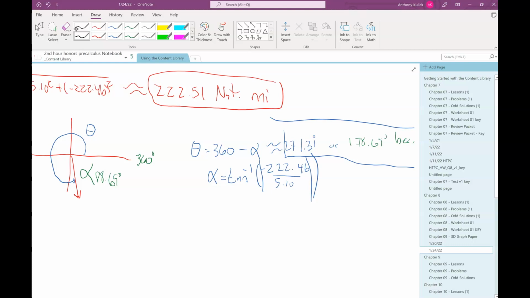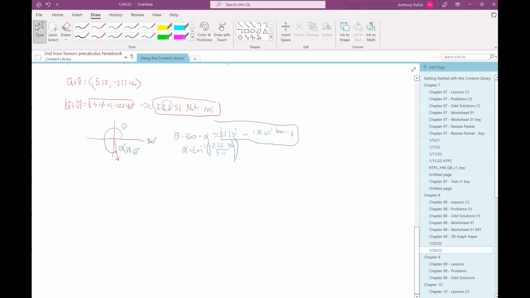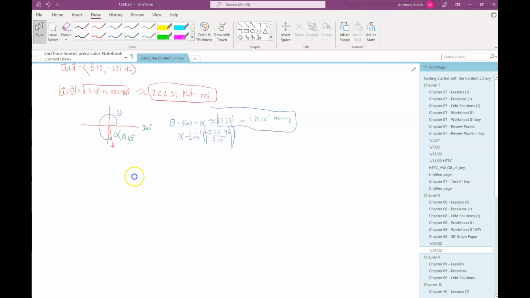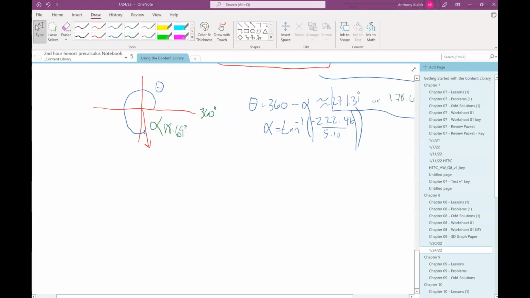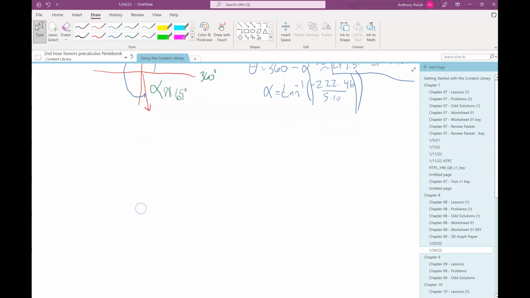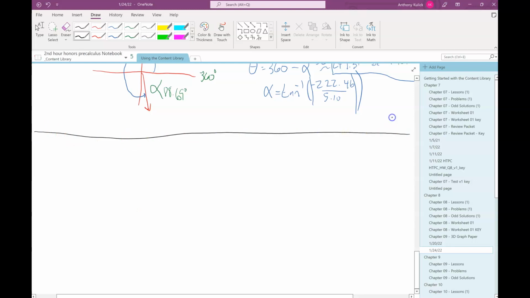So the next idea, we're going to define another new vector operation called a projection. So I'm going to draw a little bit of a picture first.